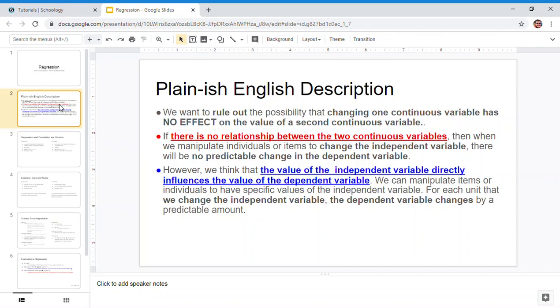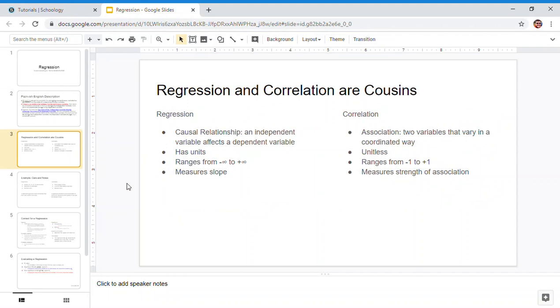So you don't know what those people are going to weigh until you go and find a whole bunch of people that are exactly 5 feet tall, a bunch of people are exactly 6 feet tall, and a bunch of people are exactly 7 feet tall. So that depends on your measurement. And if there is a real regression, then as you change 1 foot at a time, you'll change weight by some relatively constant amount.